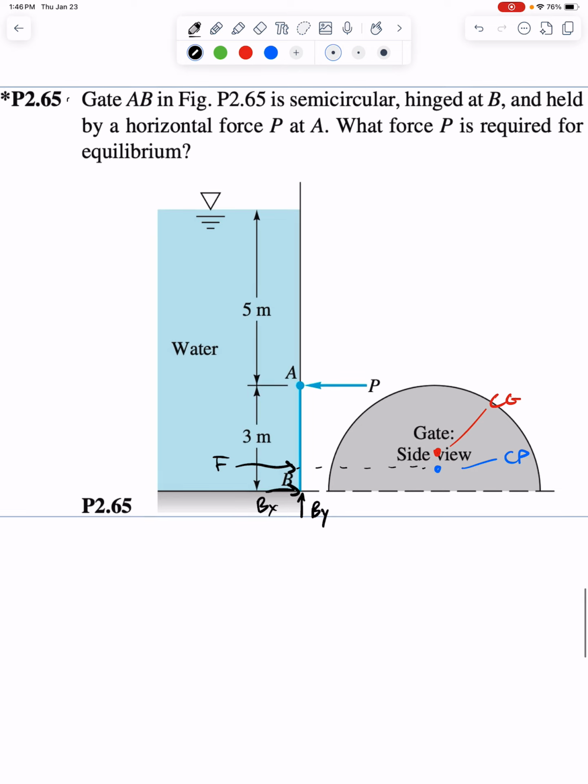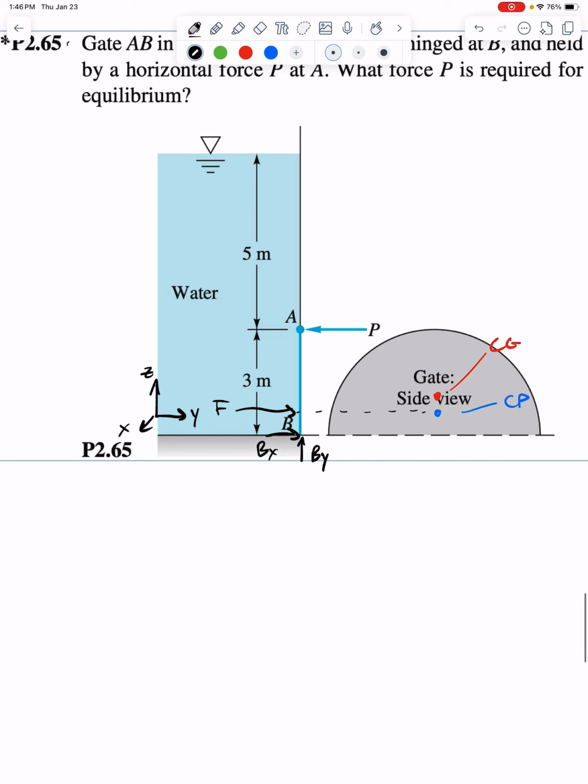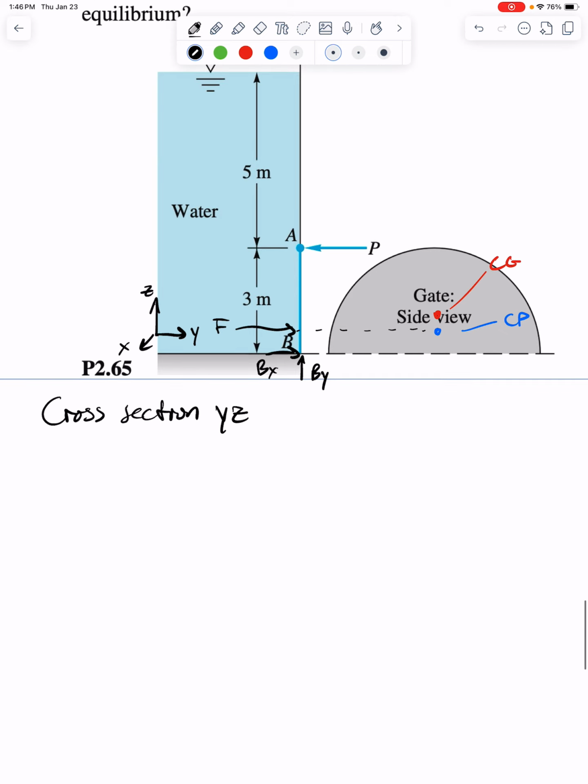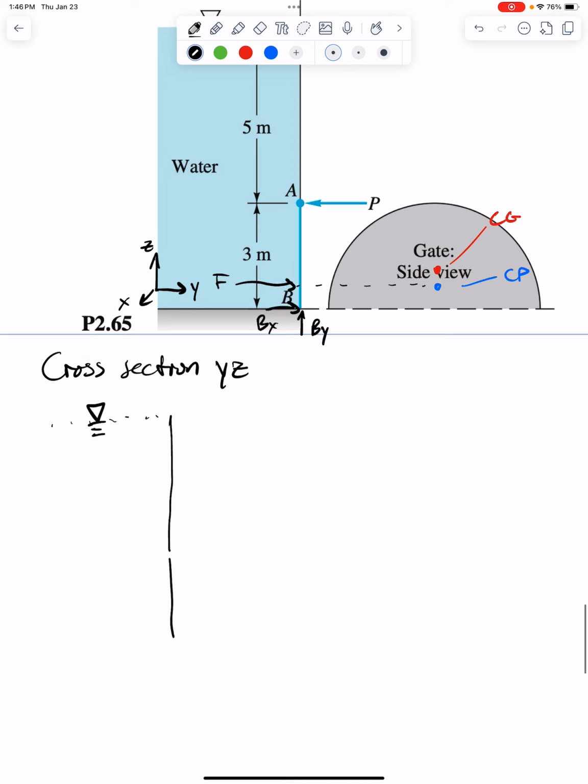Okay. I'll set up a coordinate system, and let's get started with this problem. So, looking at the first cross section, and this refers to the surface of the water, I want to figure out where the centroid is.